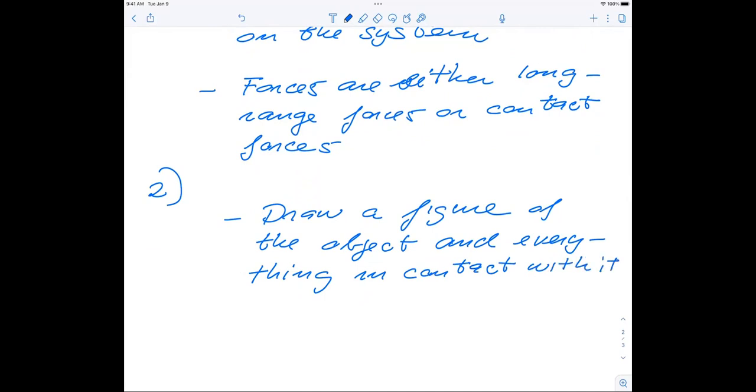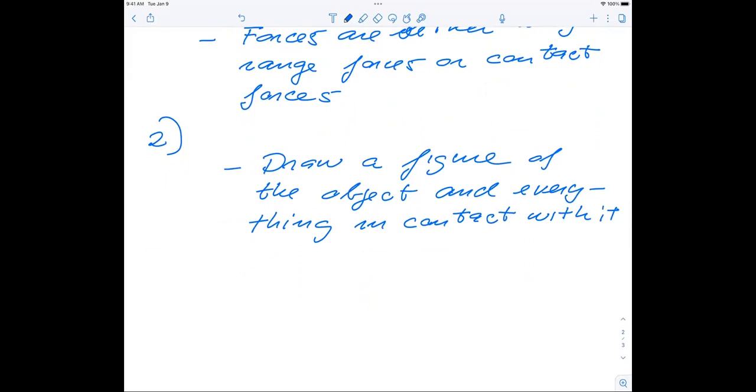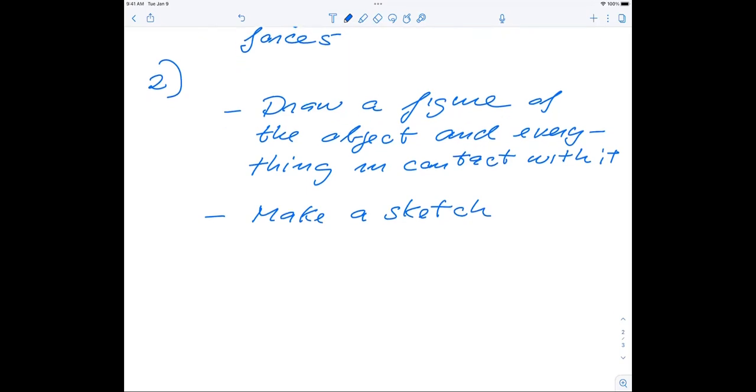Then in the next step, we make a graph or a sketch of the system. We find eventual contact points in order to define contact forces. Find contact points.